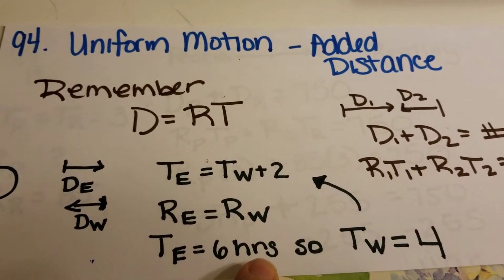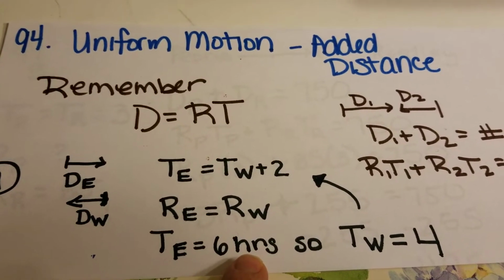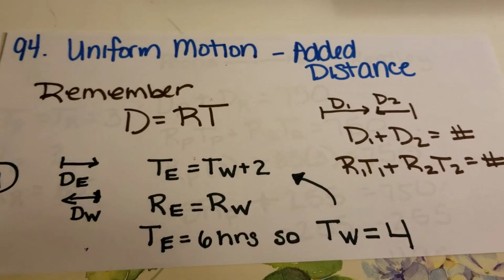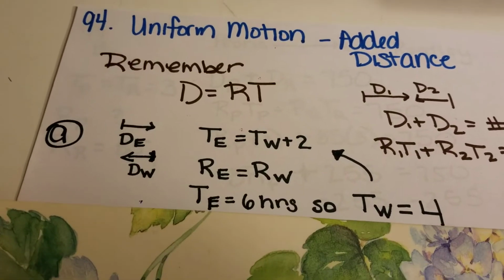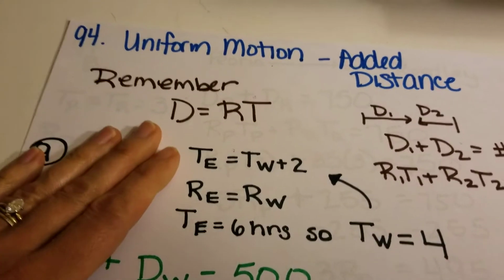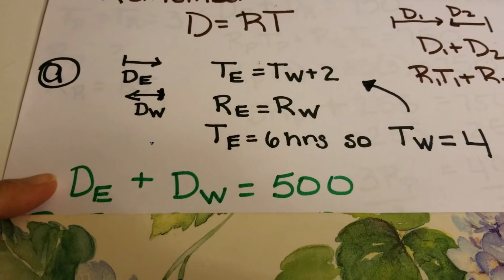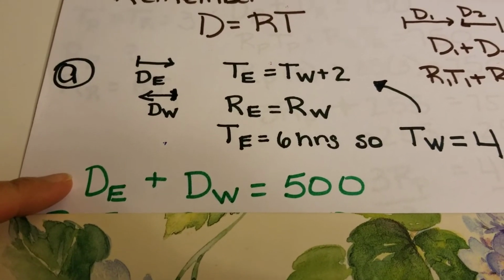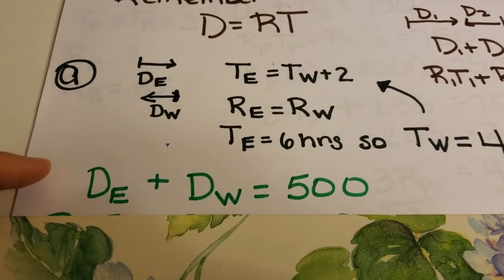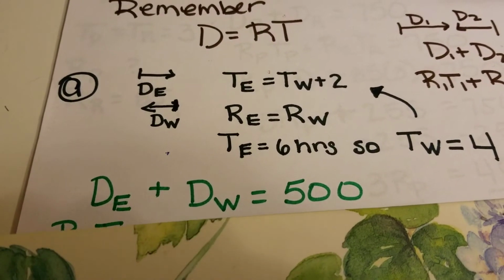The time of the west is 4 hours since it left 2 hours later. So I set up my equation: the distance of the eastbound bus plus the distance of the westbound bus is equal to 500. It tells us that they're 500 kilometers apart.